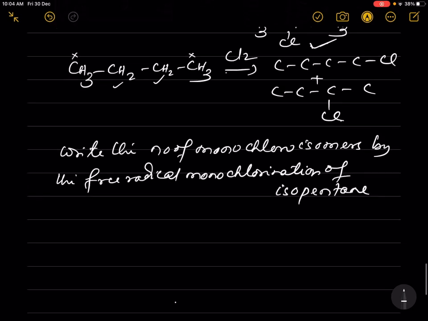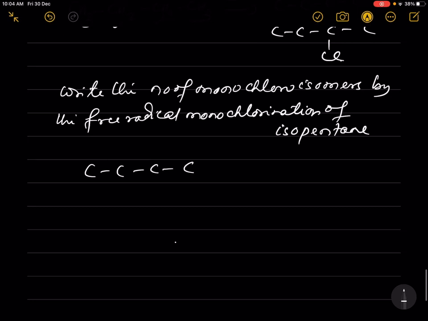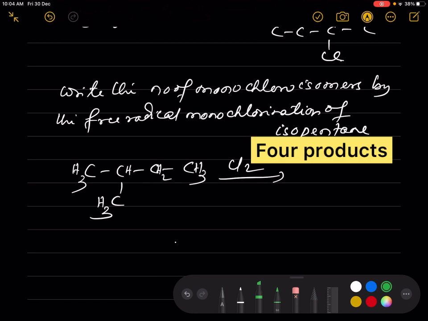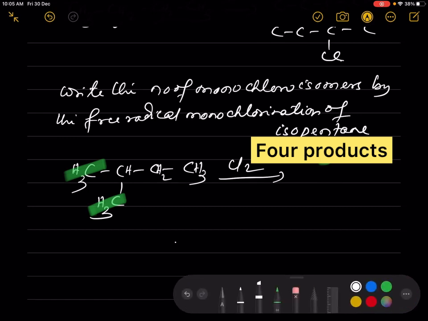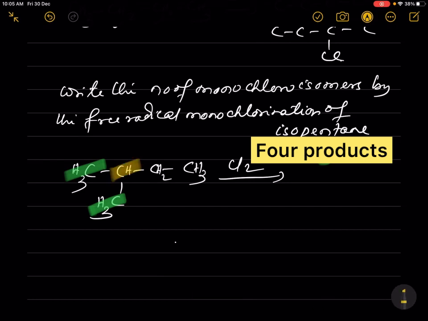You know the structure of isopentane is like this: CH3, CH, CH2, CH3 with a methyl branch. Monochlorination means only one chlorine can substitute one hydrogen atom. So the possible positions are either over here or here. Here you may get another monohaloalkane by substituting this hydrogen.